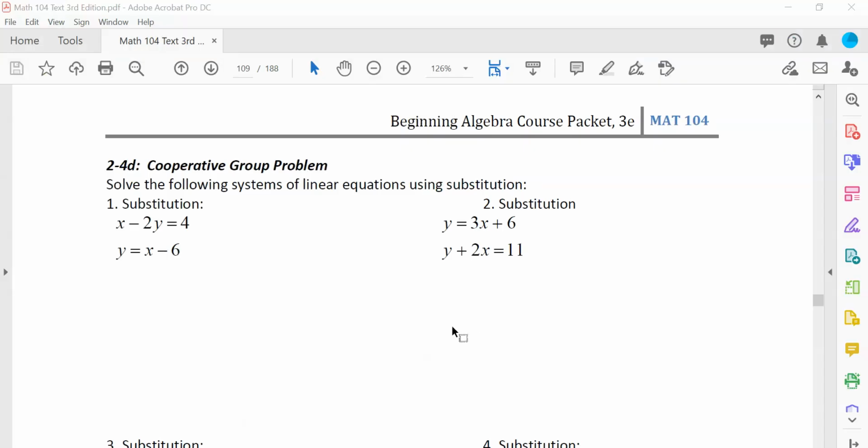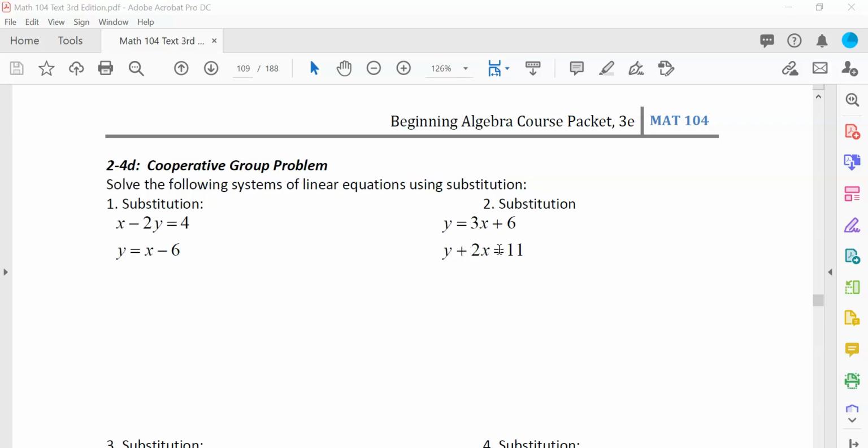Let's go to the second cooperative group problem in 2.4-D. y equals 3x plus 6, y plus 2x equals 11. We're trying to find the solution to that system of linear equations. Now notice the first one is in slope-intercept form. The second equation is not.